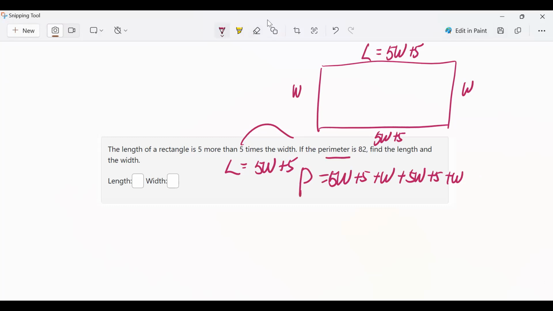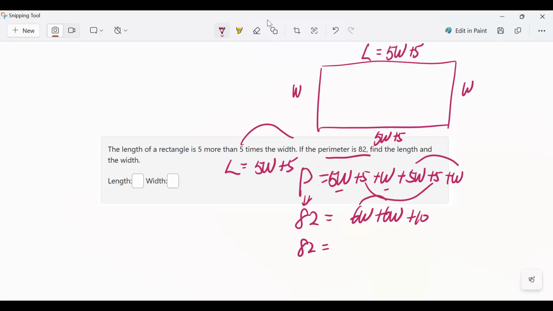And the perimeter, they tell us, is 82. On the right hand side, we're going to combine the W's. That's 6W. The other 2, when you combine them, is also 6W, and 5 and 5 get 10. 6W plus 6W is 12W, adding 10.